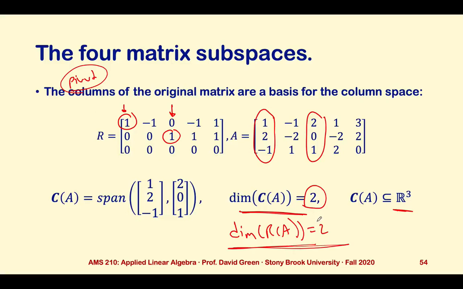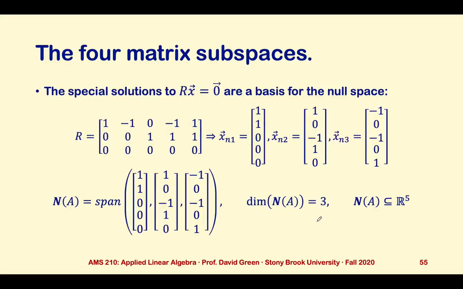Now that we've found the row space and the column space, basis and dimension, we can move on to the null space. The null space has a basis given by the special solutions, either to Ax equals 0 or equivalently to Rx equals 0, the reduced row echelon form.